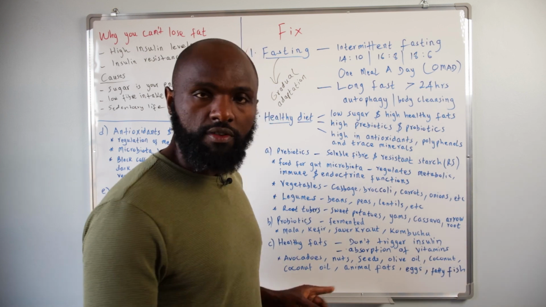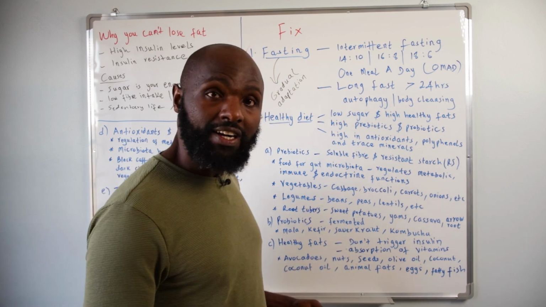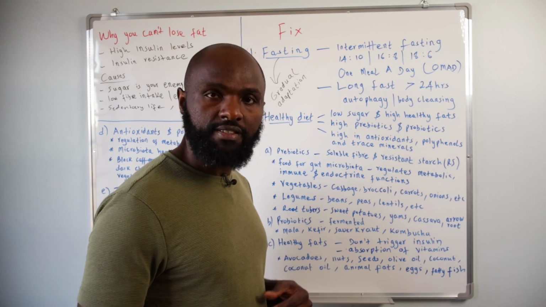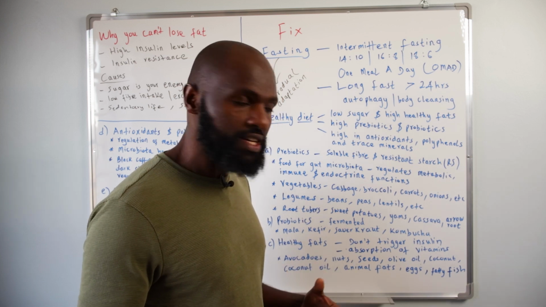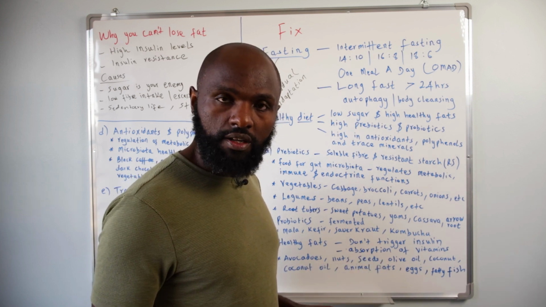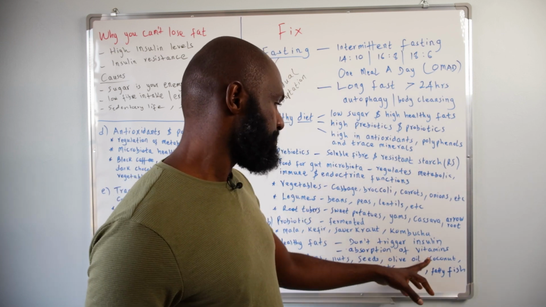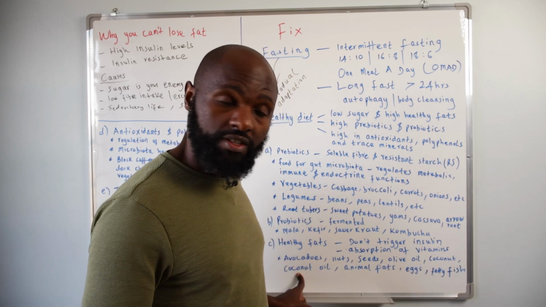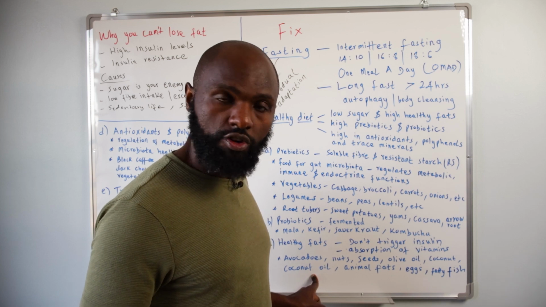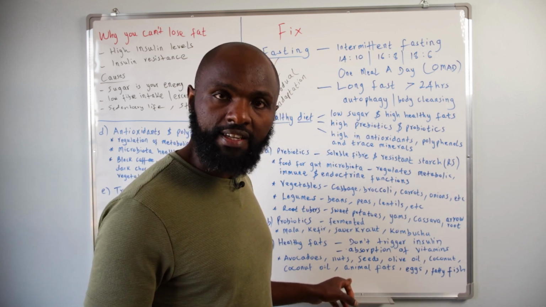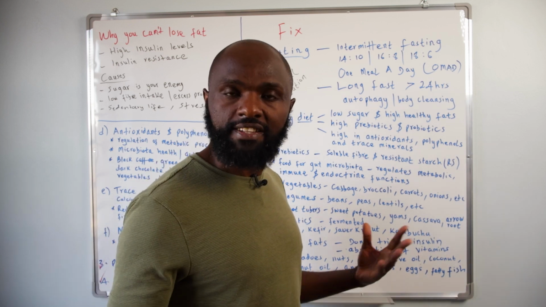Some of the sources of healthy fats include avocados, nuts such as macadamia, seeds such as flax seeds and pumpkin seeds, olive oil, not refined olive oil, but extra virgin olive oil, coconut oil, ensure the oil is not refined, it should be virgin coconut oil, animal fats such as butter and ghee, eggs and fatty fish.